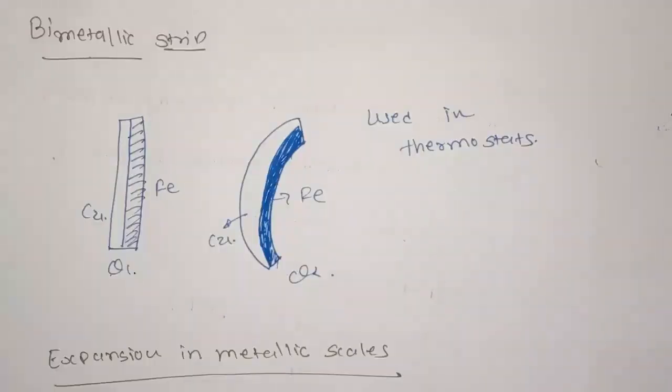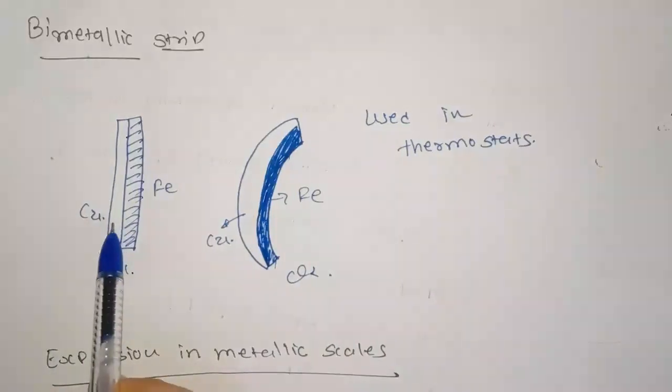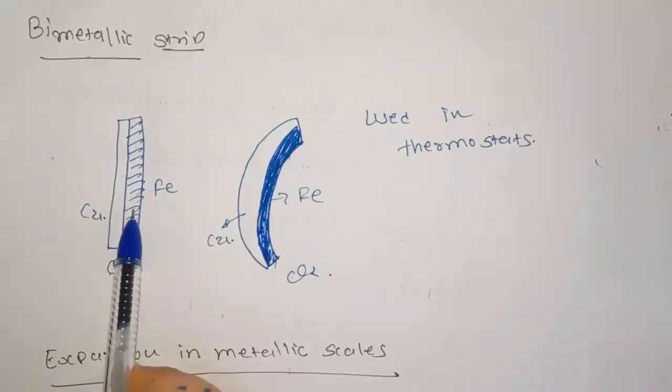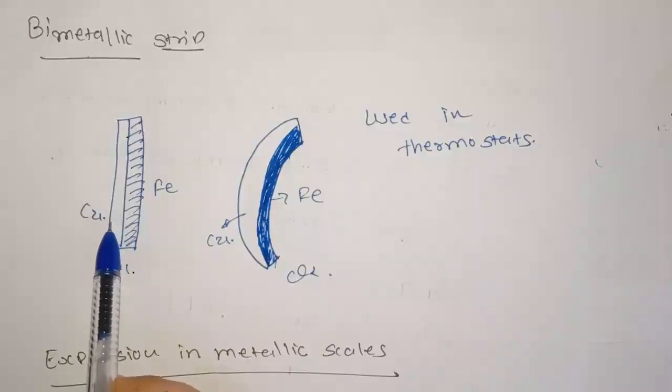Now let us understand the working of bimetallic strip, that is based on the thermal expansion. The bimetallic strip, as the name suggests, consists of two strips of equal length but of different materials. They are riveted together, keeping one over the other. For example, here we have taken one strip of iron and one strip of copper.